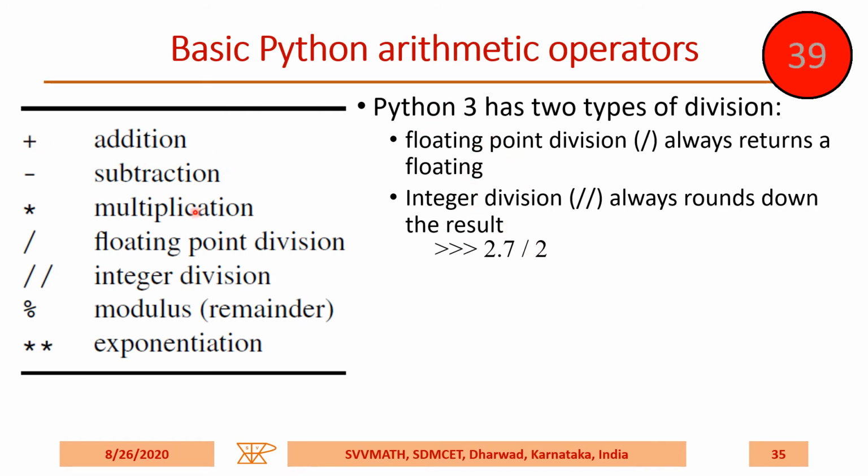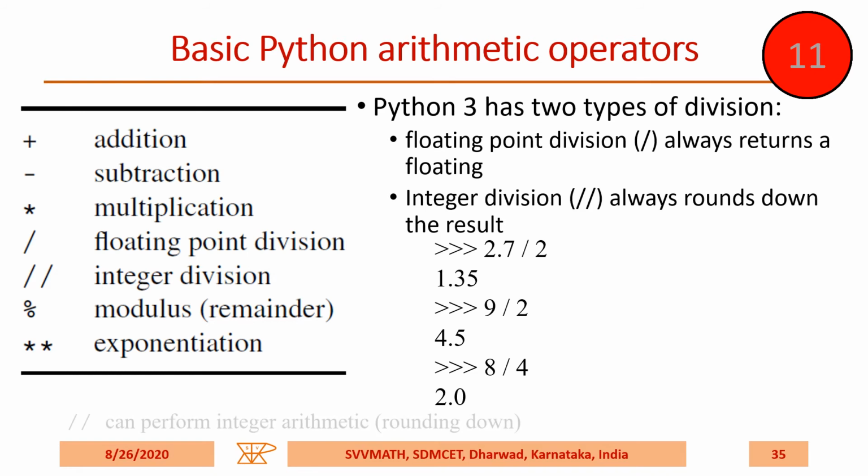Addition, subtraction, multiplication are the same as what you have studied so far, but for division we have two types. For example, 2.7 divided by 2, what will be the answer? I'll get 1.35. If I divide 9 by 2, what will I get? 4.5. If I divide 8 by 4, what will I get? 2.0. If I divide using double slash, it will do the integer arithmetic and it will be rounding down.